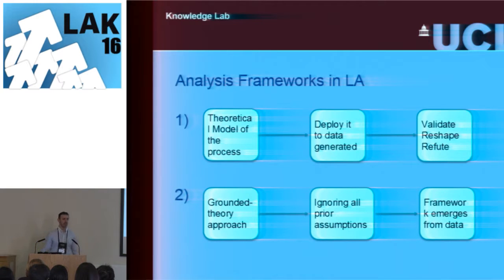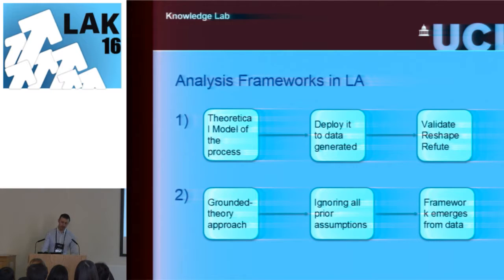When we looked at the approaches to create frameworks, we found that there were two main approaches. One of them was the theoretical model of the process, which is a top-down approach that uses what already exists in the literature, like the second presentation that has been done. Or there was the grounded theory approach, in which student activities were observed and the actions observed were measured using certain analytics tools.